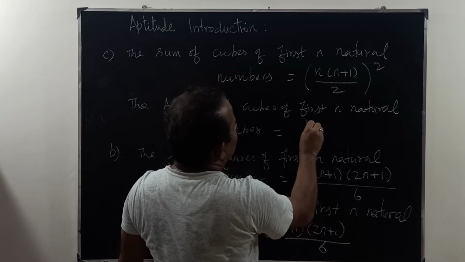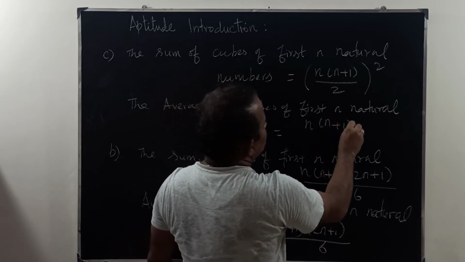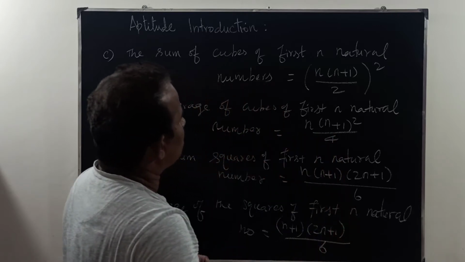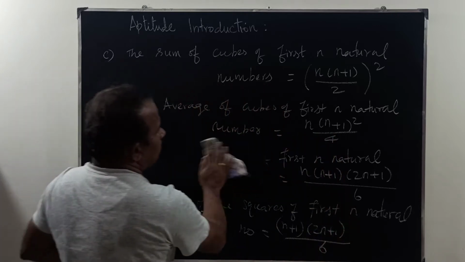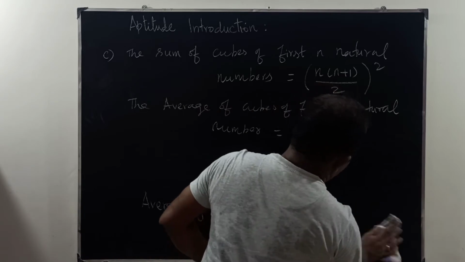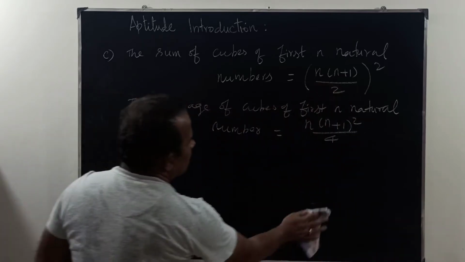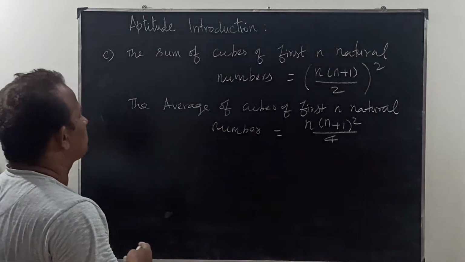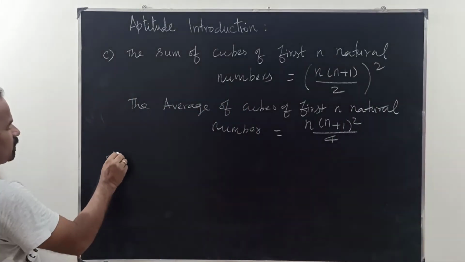So therefore it will be n into (n plus 1) the whole square divided by 4, or otherwise [(n plus 1) divided by 2] the whole square.